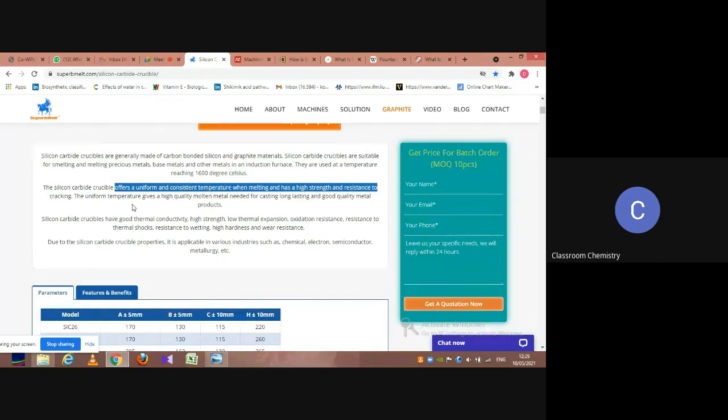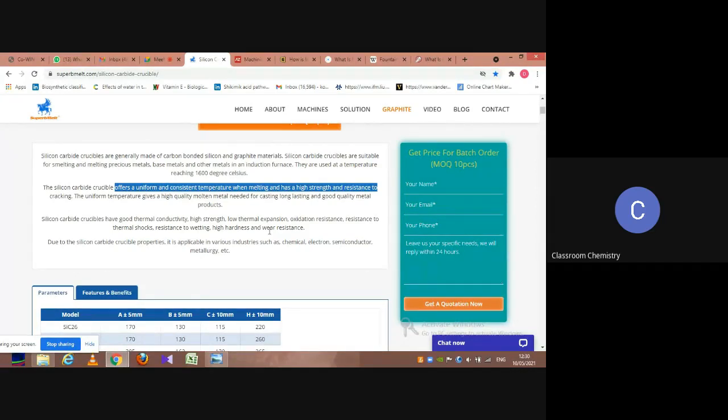Okay, so this silicon carbide crucible has good thermal conductivity, high strength, low thermal expansion, oxidation resistance, resistance to thermal shock, resistance to wetting, and high hardness and wear resistance. So it has so many good properties.